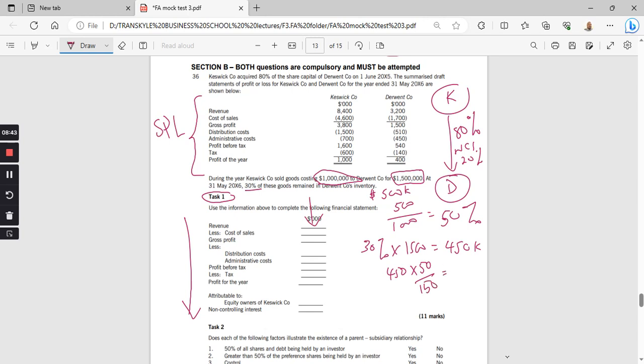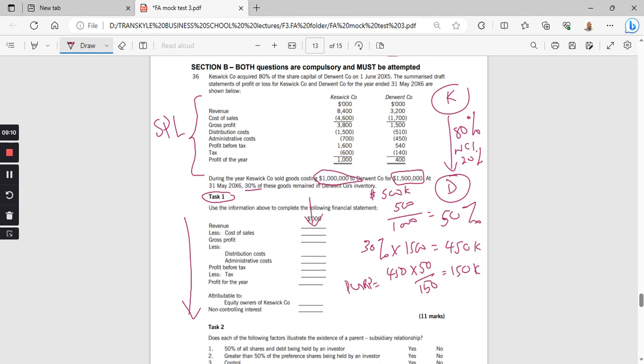Because this is the PEP we are talking about, the provision for unrealized profit within the 30% inventory, which is going to be 150. These are your workings. You just have to know these workings before you start to attack the question. So you have those figures, and you then have to start to attack the question.